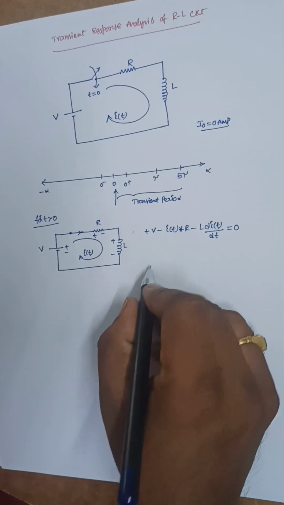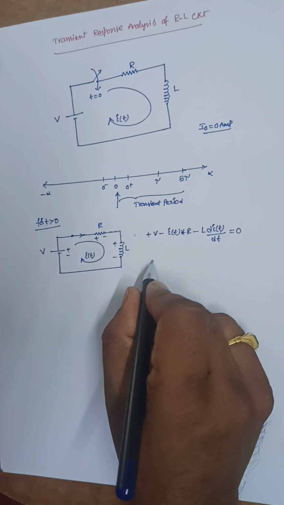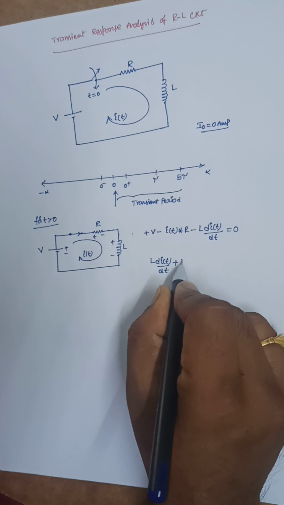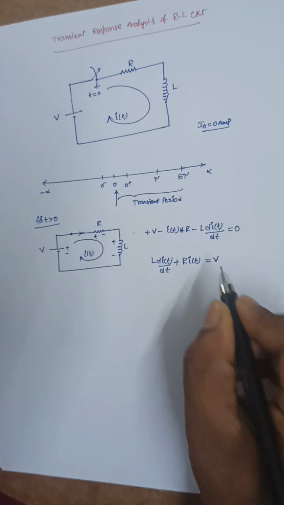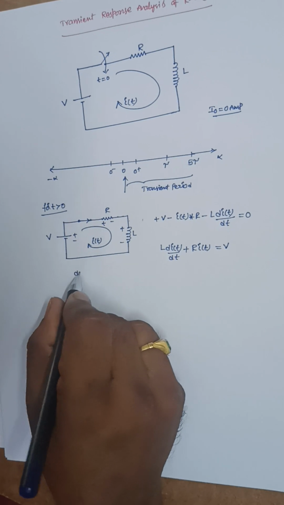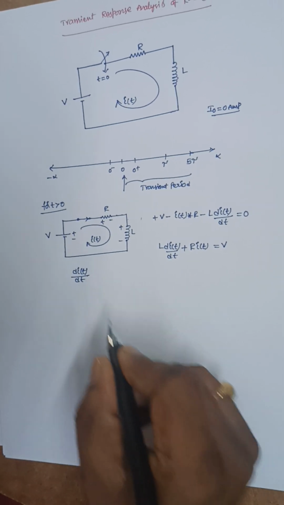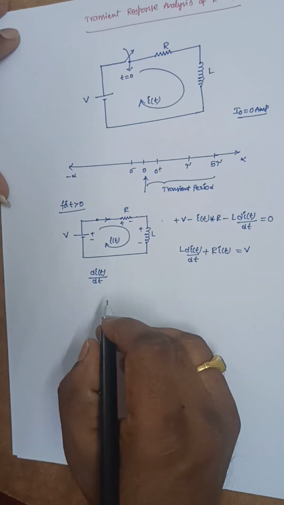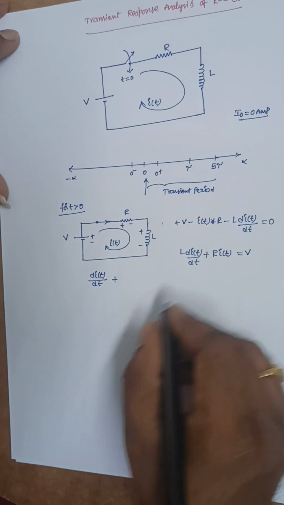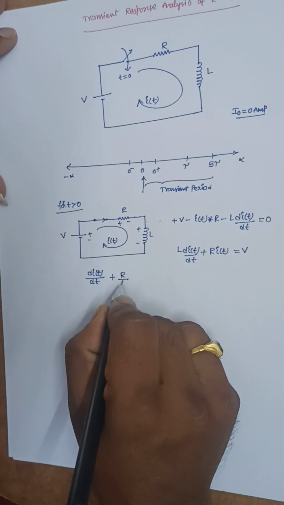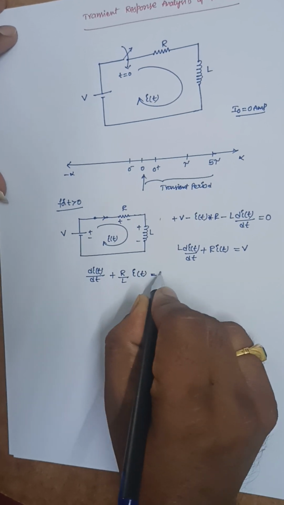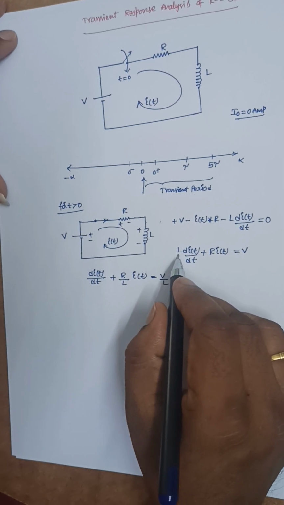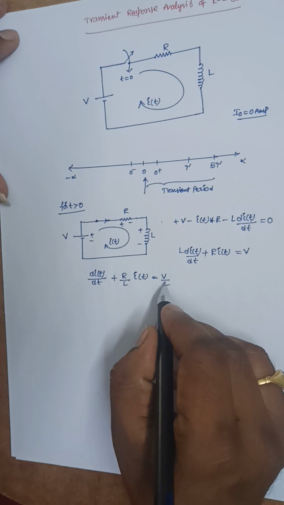Now I can rewrite this equation as L into di of t by dt plus R into I of t is equal to V, and this expression I can rewrite as di of t by dt plus R by L into I of t, that is equal to V by L. Take this L as common, and if this L is shifted to this side, then it will become V by L here.